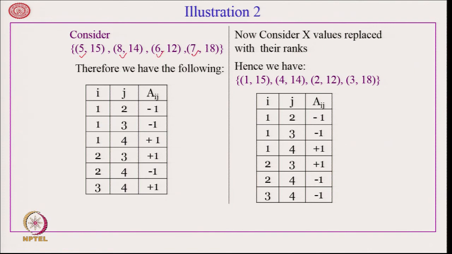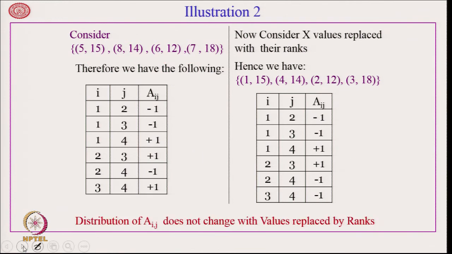Suppose we rank them as 1, 2, 3 and 4, and now my data is transformed into this. Again, if we calculate aij, we find that there is no change in the computation of aij between these two sets of data. So, what does it tell us? It tells us that the distribution of aij does not change when the values are replaced by ranks.